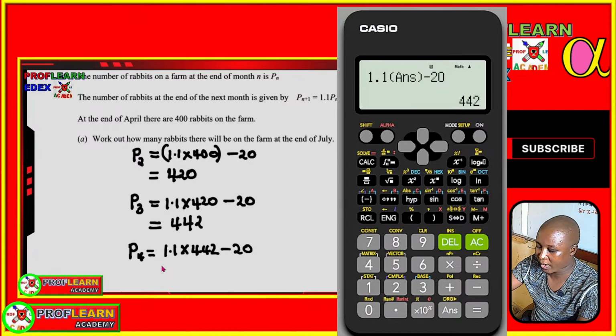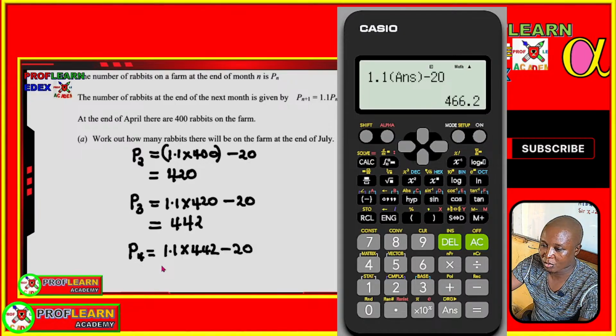So we again input that in the calculator by just pressing the equal sign, and in decimals you press here so that you can get your answer as 466.2.